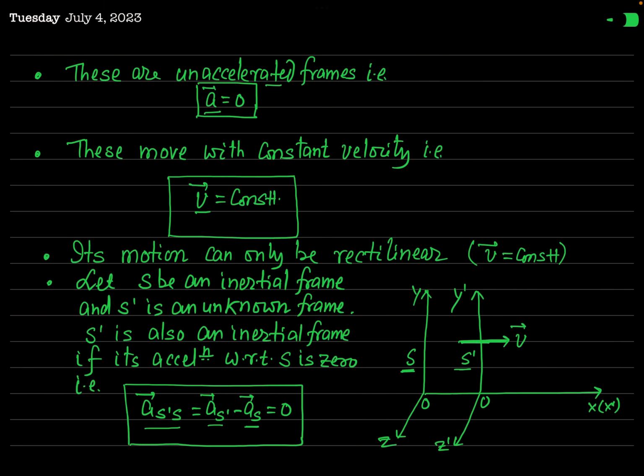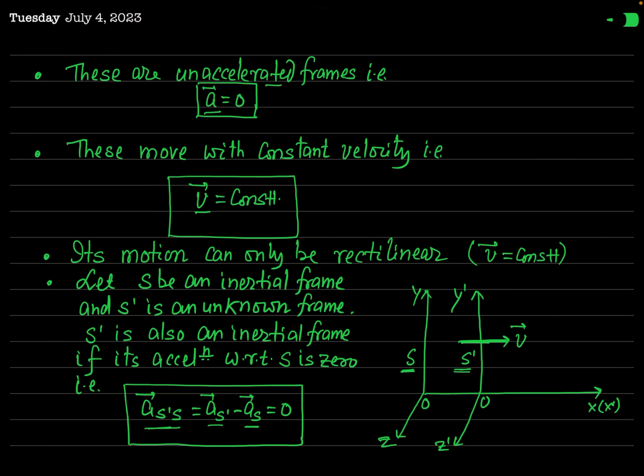So if this acceleration of S dashed with respect to S is 0, then you can say that this S dashed is also an inertial frame. In brief, if the acceleration of a frame with respect to an inertial frame is 0, then that frame is also an inertial frame.